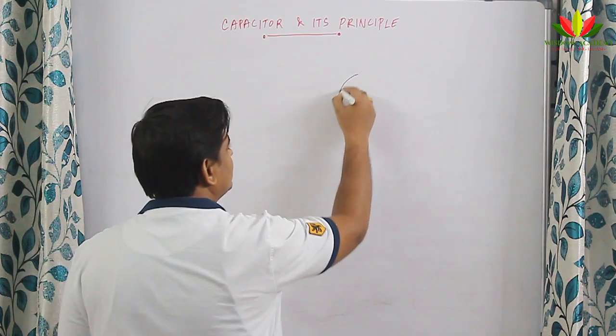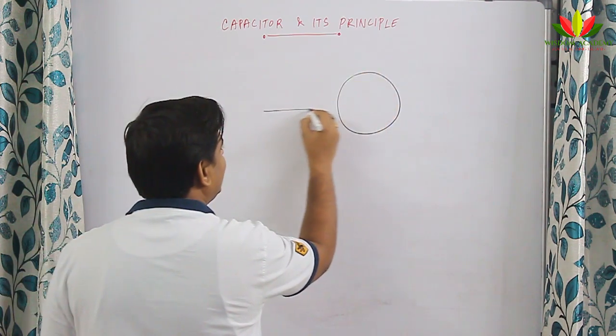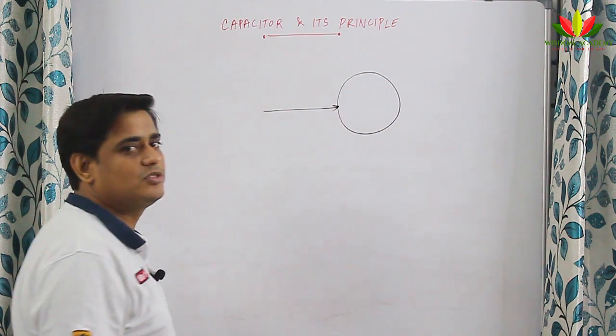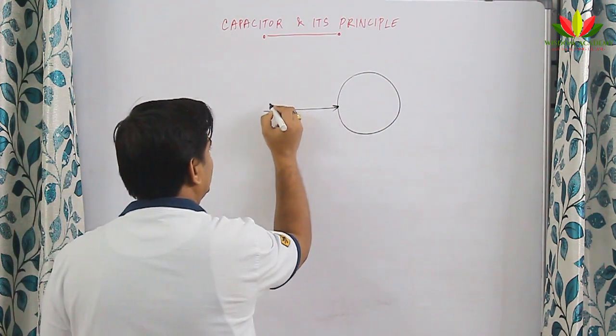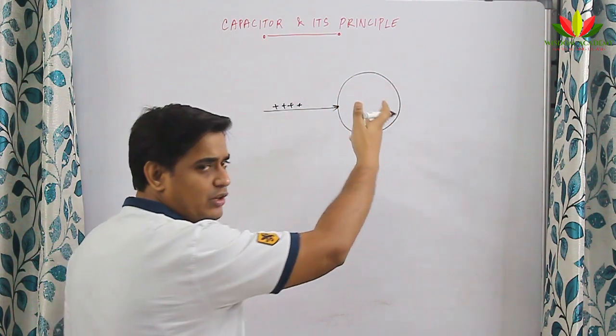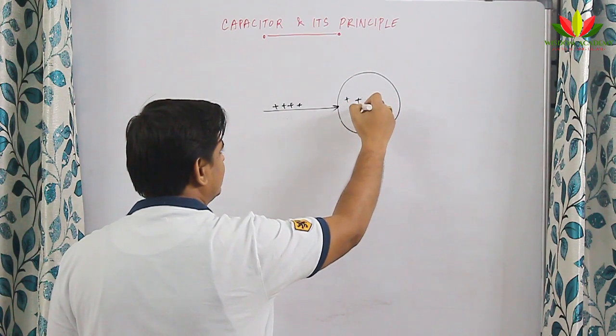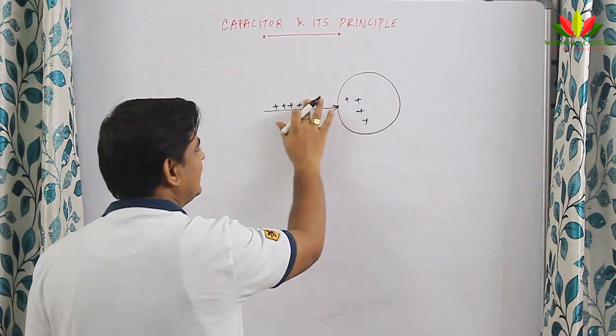Suppose there is a conductor like this. I supply some charge to it. Suppose I am supplying positive charge. This positive charge enters. It was neutral in nature. I supplied some excess positive charge. It went and entered here. Okay, this 4 what I sent, it got entered.